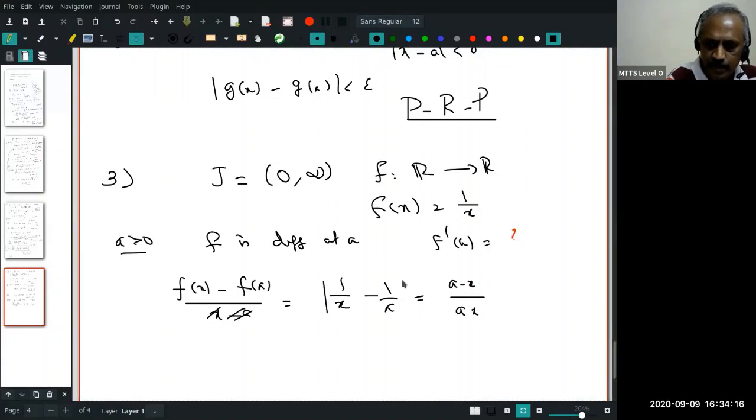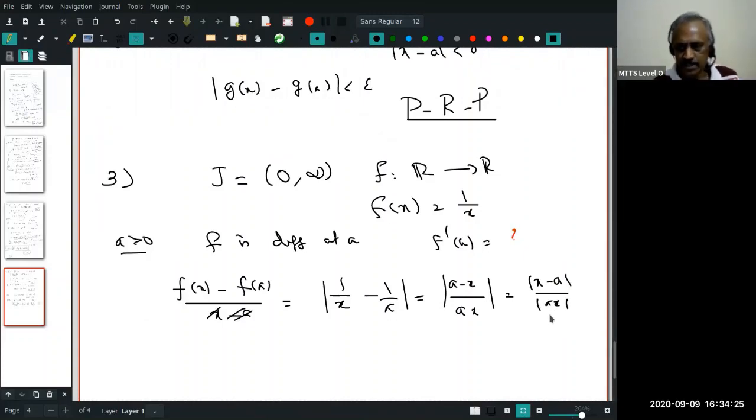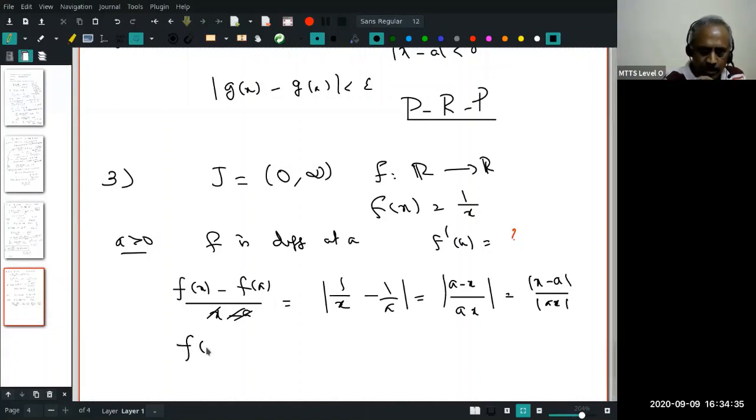Therefore, the modulus will be mod x minus a by a x. I don't write the modulus of a x because a and x are positive. But mod x minus a I should write, because I don't know whether x is less than a or greater than a.